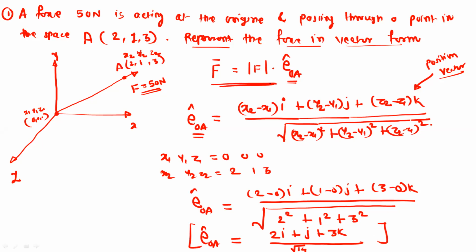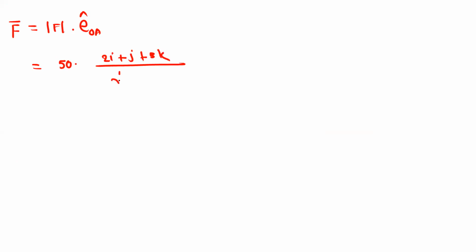Now refer to this equation, that is F bar. So F bar is equal to mod F into the unit vector along the direction of the force. So mod F is given, so that is equal to 50 Newton into (2i plus j plus 3k) divided by square root 14. Okay. So you can simplify this equation.